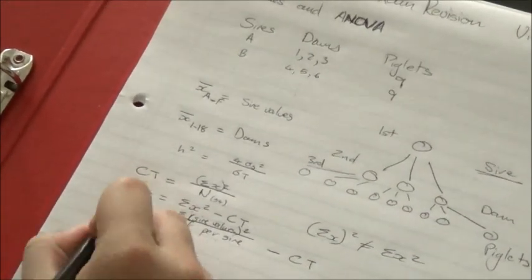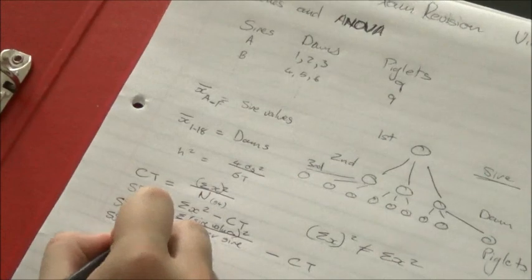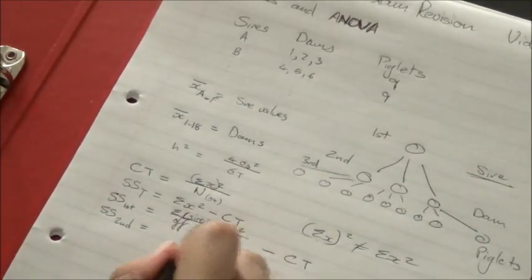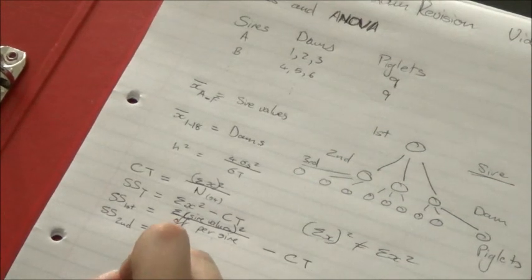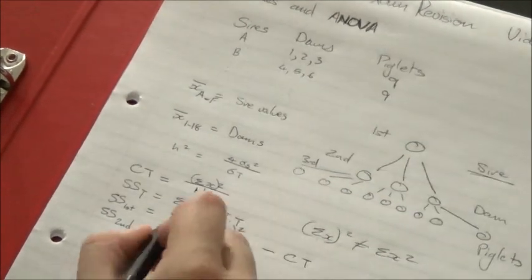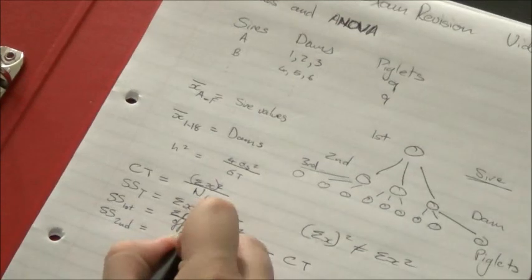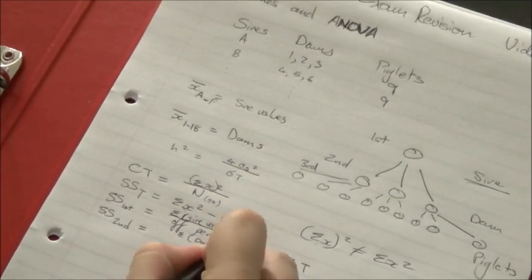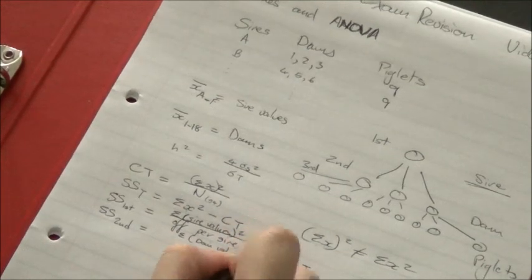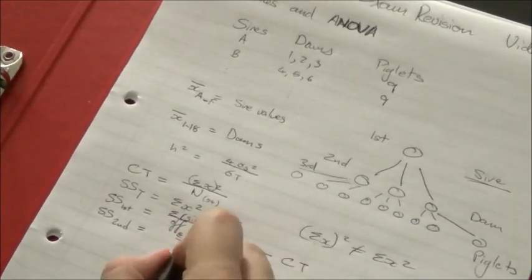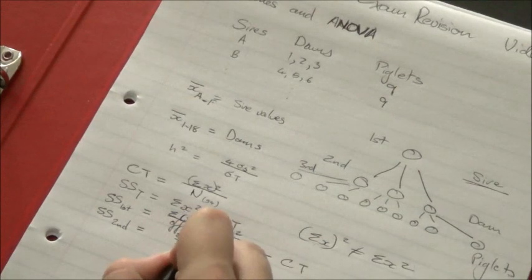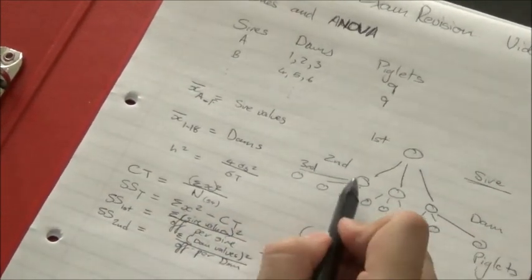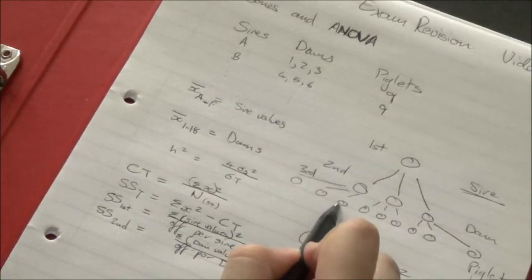Then we're going to find the sum of squares for our second tier, which is similar to this equation here, except we're looking at the dams. So it's going to be the summation of the squared dam values, divided by the number of offspring per dam. Now we know that each dam produced 3 offspring.